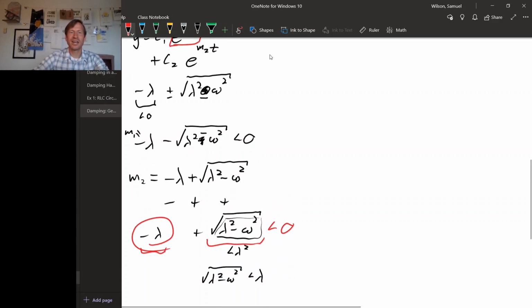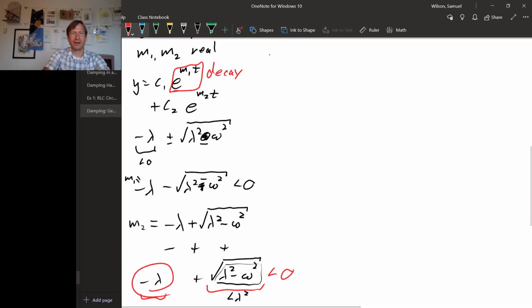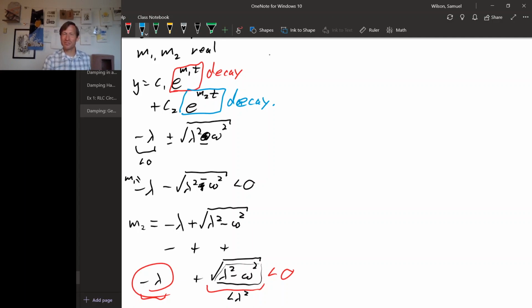So if we go back and look at this solution up here, this second term also is always exponential decay. This kind of makes sense because remember, what we were modeling in this situation is a mass on a spring. It would be very weird if you could choose a certain size mass and a certain spring and get exponential growth in the position of the mass.